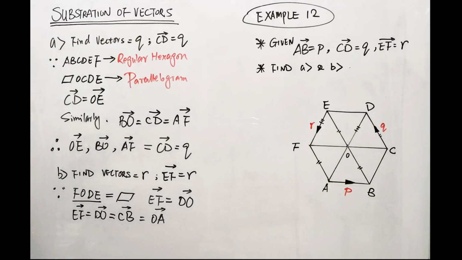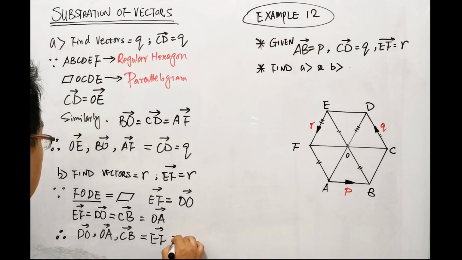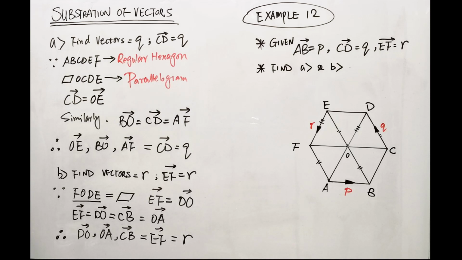So DO, OA, and CB are also equal to EF and equal to R. This is very straightforward.